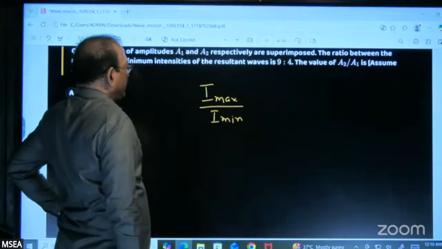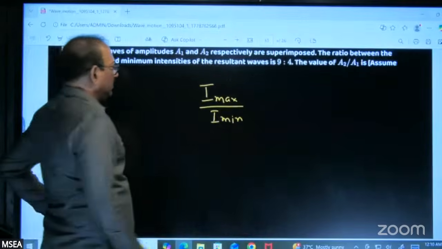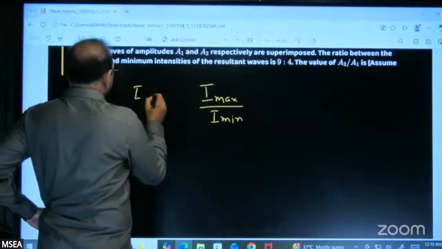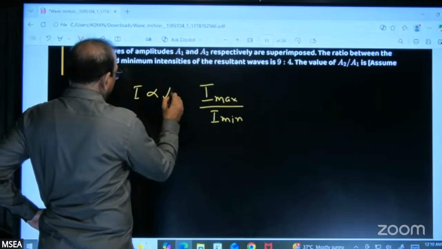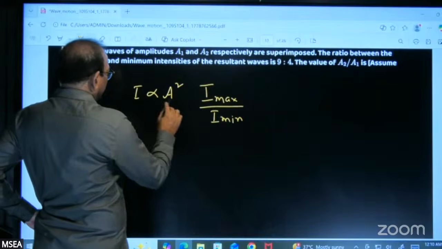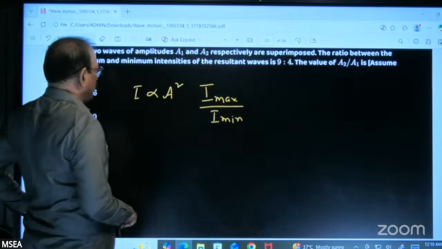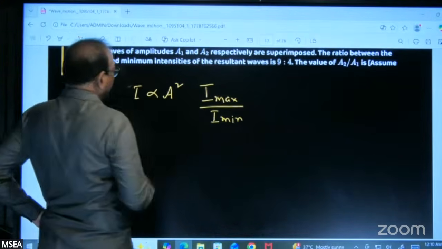What is Imax by I minimum? Formula. Intensity is proportional to the square of the amplitude. Intensity proportional to square of amplitude, no? Intensity.